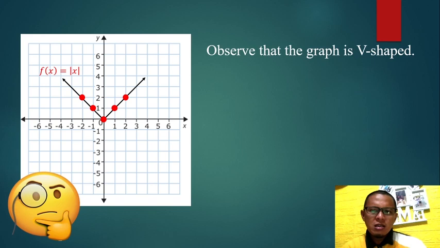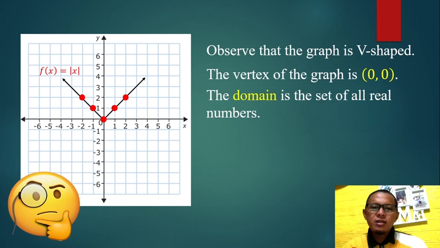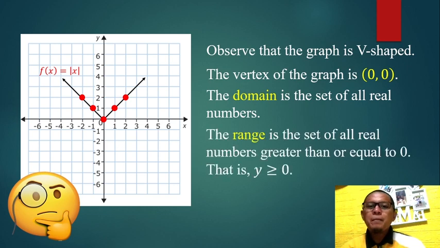So what is the vertex in our graph? The vertex of the graph is 0, 0. How about the domain? The domain is the set of all real numbers. The range is the set of real numbers greater than or equal to 0.